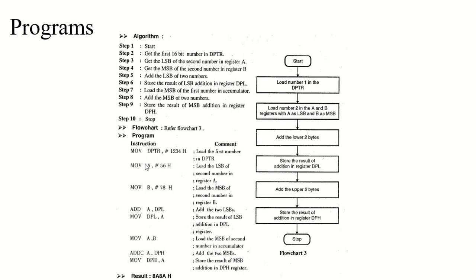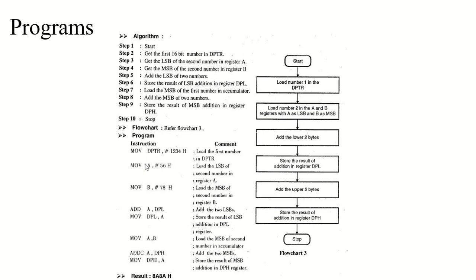Then the fifth step is to add the LSB of the two numbers, the least significant bytes of the two numbers. The LSB is stored in register A and DPL, so they will be added together, and then we have to store the result of this LSB addition in DPL only.